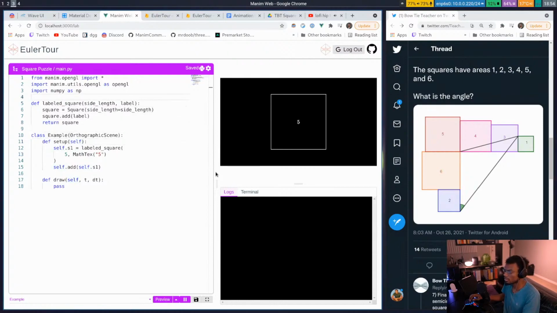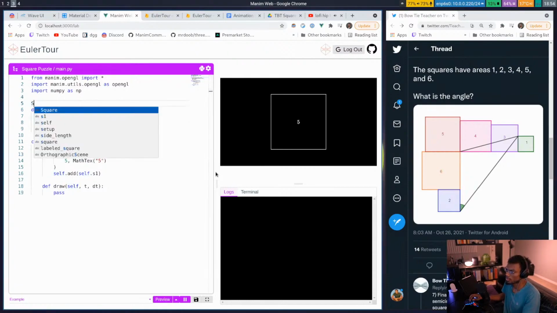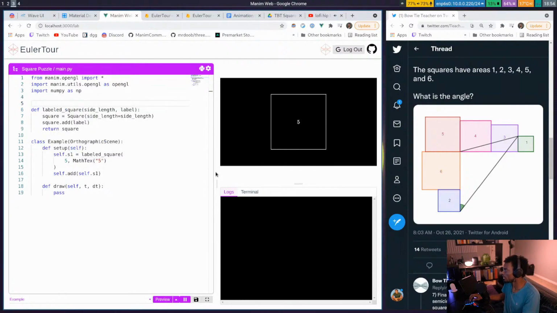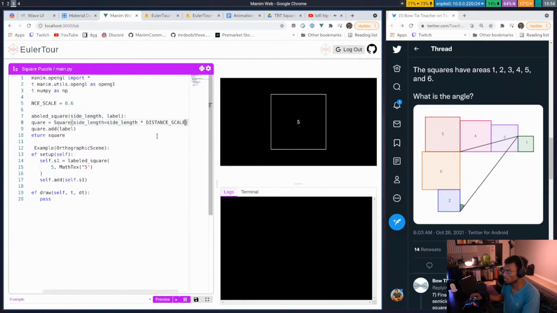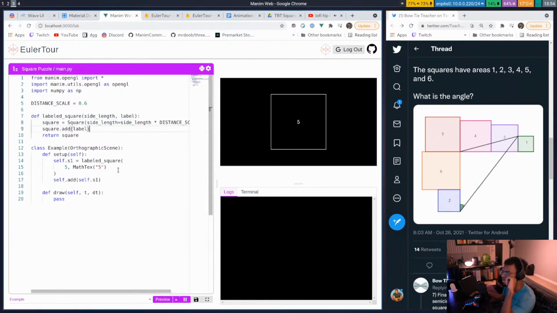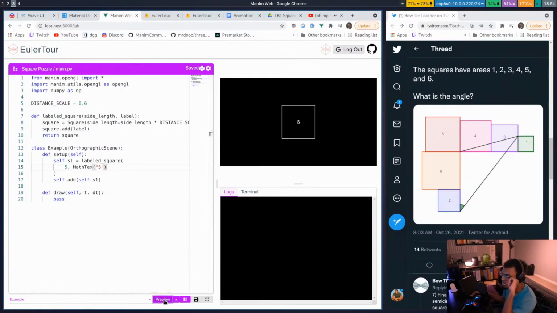I guess I could just put like a square. Not just for the square, like a scale factor. Just some scale, and this will just be like 0.6 or something like that. I can scale that like so.